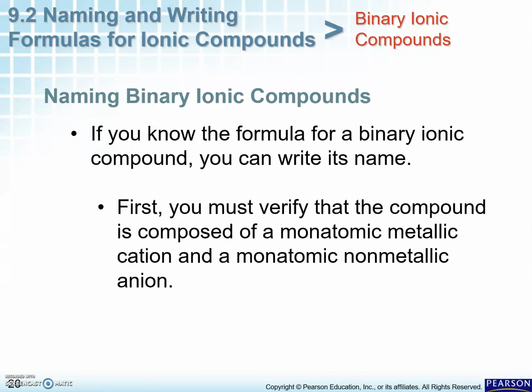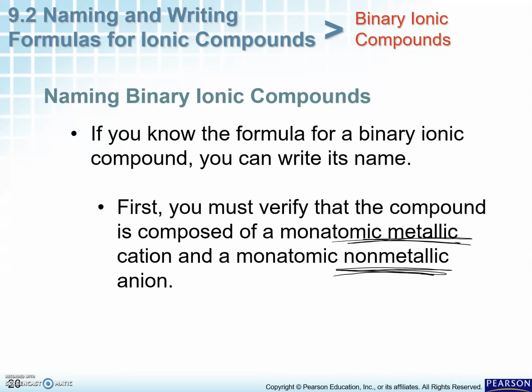So overall, if you know the formula of your ionic compound, you can always write its name as well because you always know the charges of each thing based on your periodic table. So first things first, you want to make sure that you have a metal and a non-metal. And don't worry, that'll always be the case on this test.